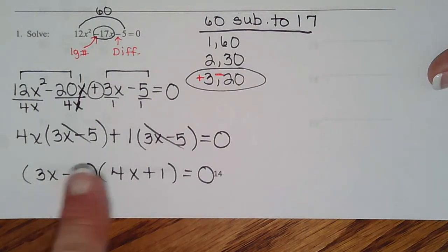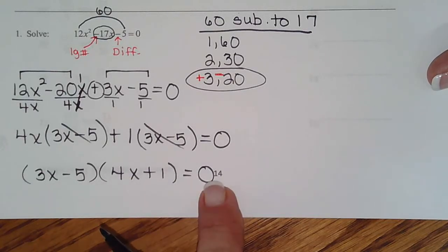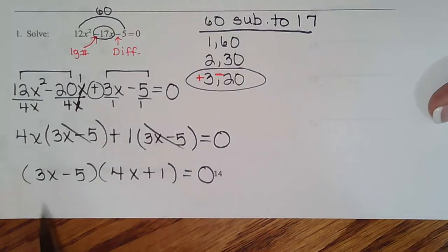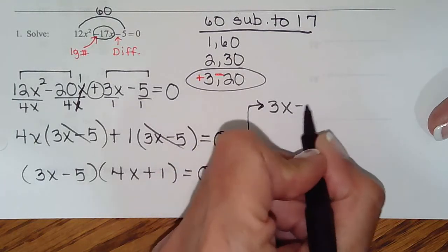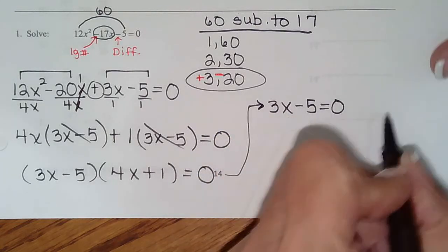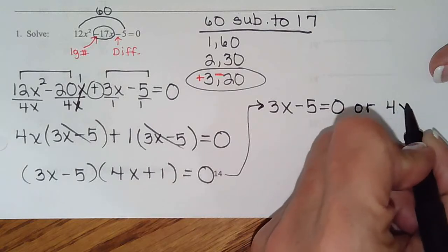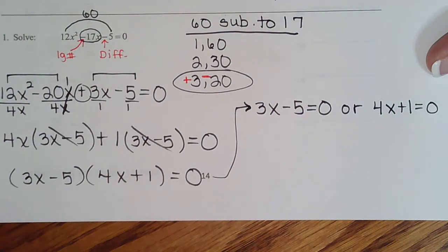If A times B equals 0, so if we multiply two numbers together and it equals 0, one or both of those numbers must be 0. So we say, okay, either 3x minus 5 equals 0 or 4x plus 1 equals 0. And that's where we get our two solutions from solving that.